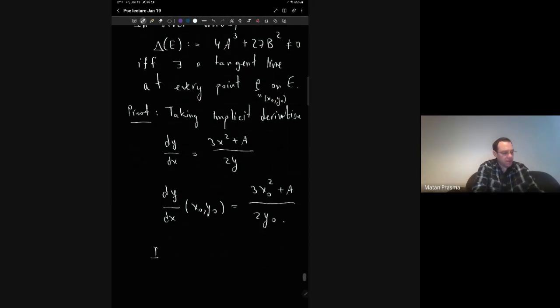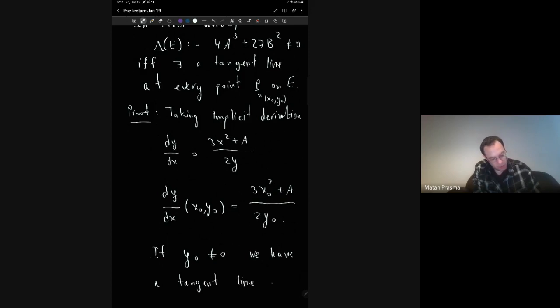So if y0 is non-zero, then the derivative always exists. And if the derivative exists, then we know for sure that there is a tangent line by definition. So if y0 is non-zero, we have a tangent line at P.